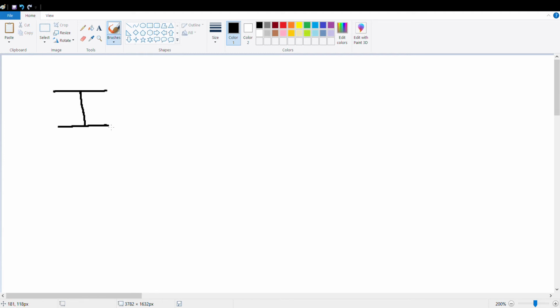It's an I-beam, and let's just say that this beam is a W16 by 100. And they say, okay, what is the maximum bending stress? And they give you the max moment. So let's just say the max moment is, I don't know, 3,000 kip-feet.